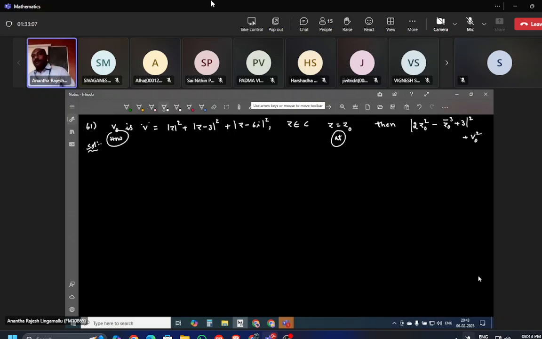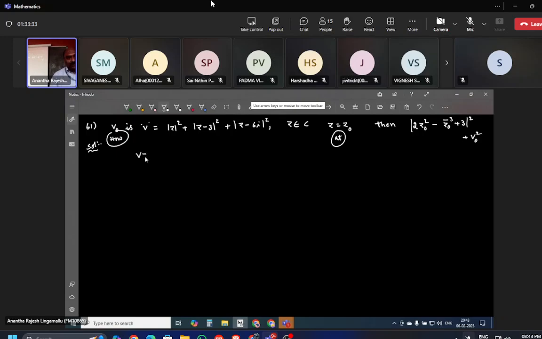How much, sir? 4ac minus b square by 4a. Correct or not? In the same way, for this expression, the minimum value occurs at z naught. Just put that z naught value here, you will get V naught. Are you understanding? Okay.